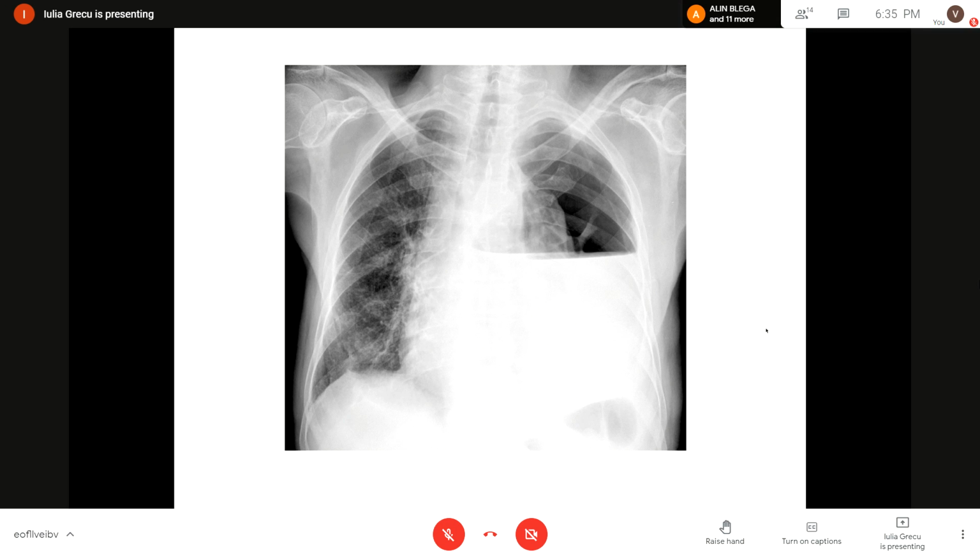Oh, sorry. So if I look, the most obvious thing is that one side is opaque. Okay, you have to specify at least the side you're looking at, just for me to be sure. Okay, I think it's the left side.